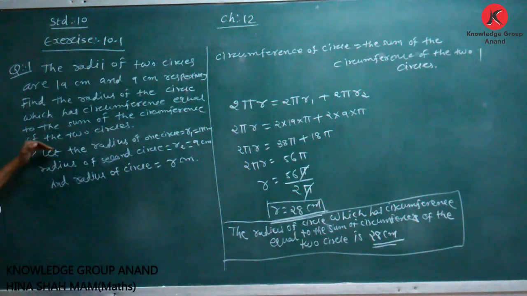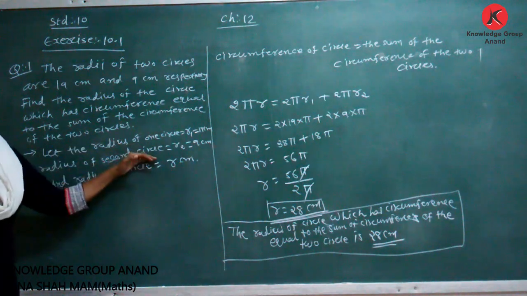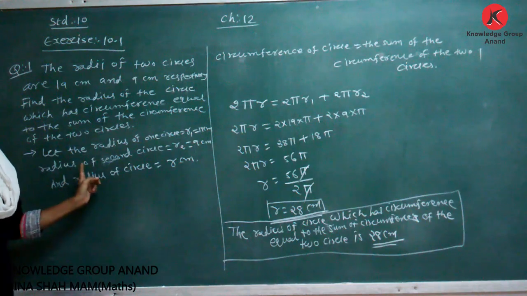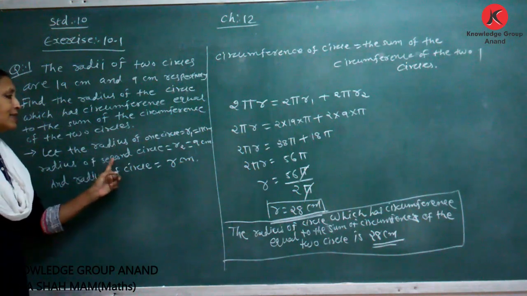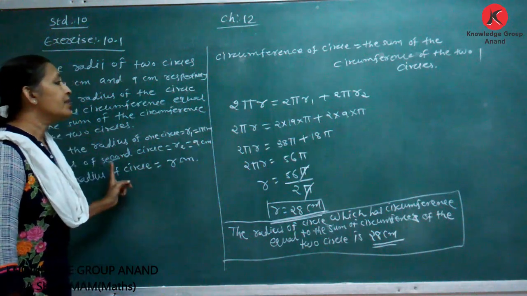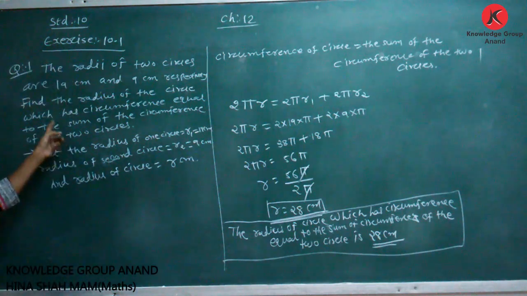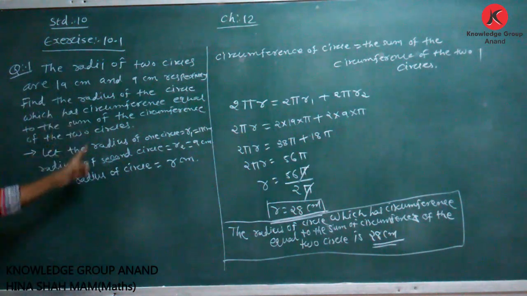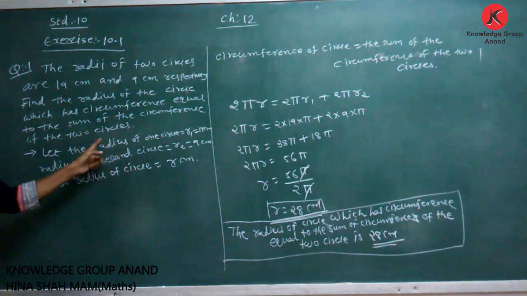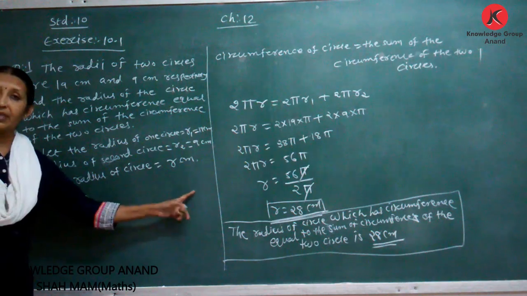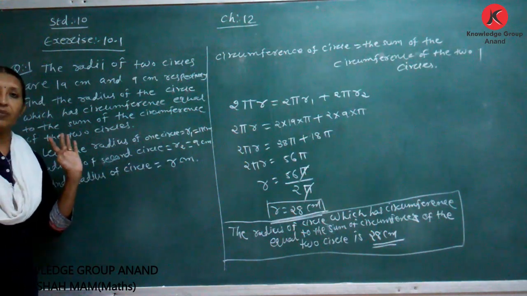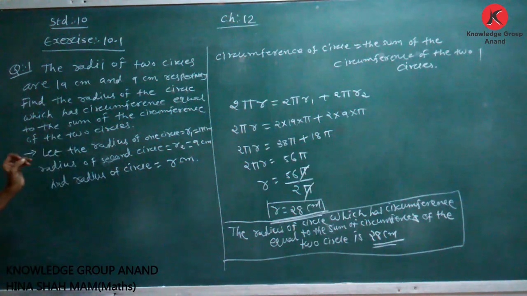Again this question. The radius of one circle is R1 equals 19 centimeter. Radius of the second circle is R2 equals 9 centimeter. The radius of the circle which has circumference equal to the sum of the circumferences of the two circles is R centimeter.